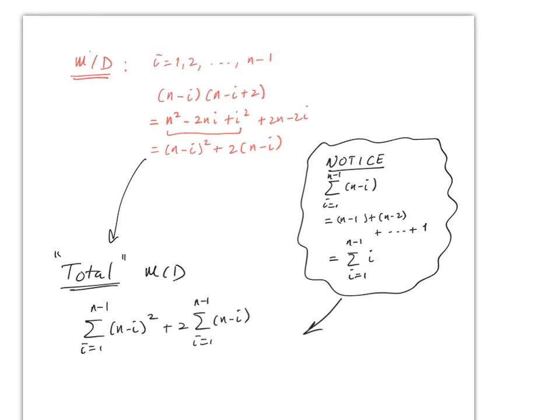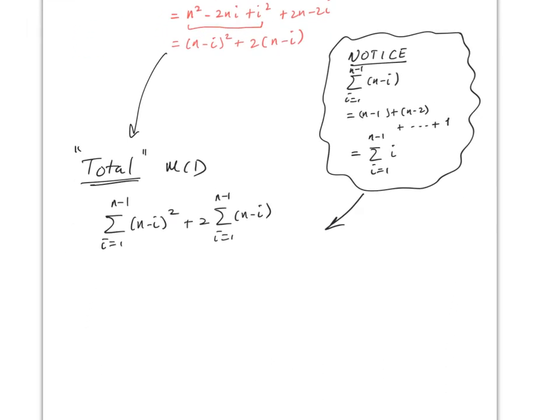Now using this, we can simplify this to be equal to the sum from i equals 1 to n minus 1 of i squared plus 2 times the sum from i equals 1 to n minus 1 of i.